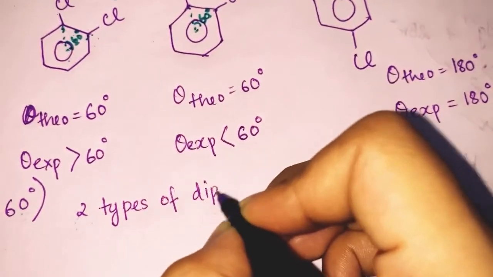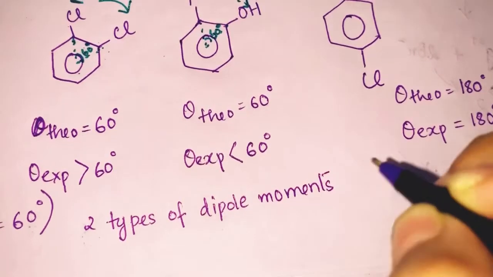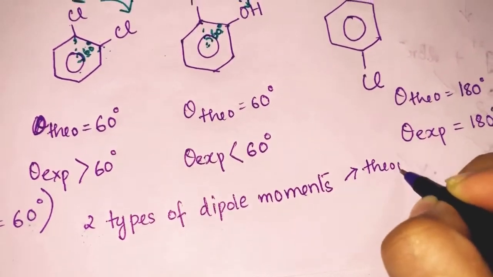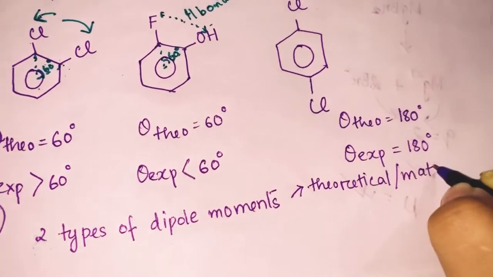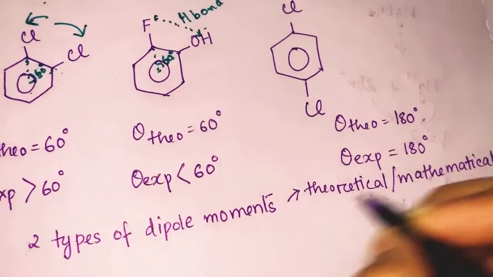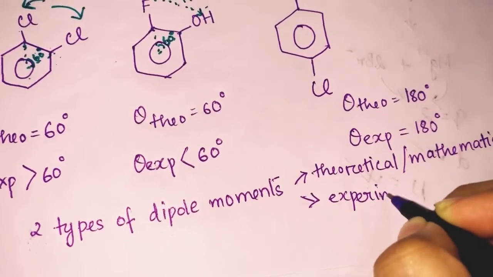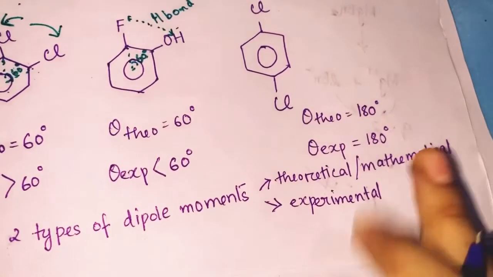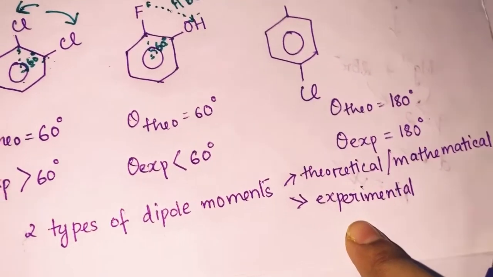One is theoretical or mathematical, the one we calculate using a formula, and the second one is experimental or practical, the one which actually exists. Two types of dipole moments, theoretical or mathematical and experimental.